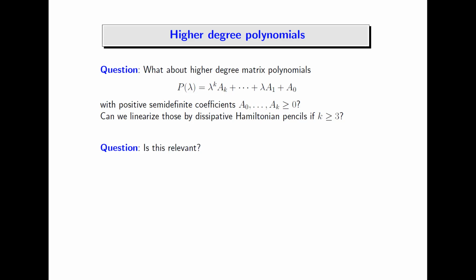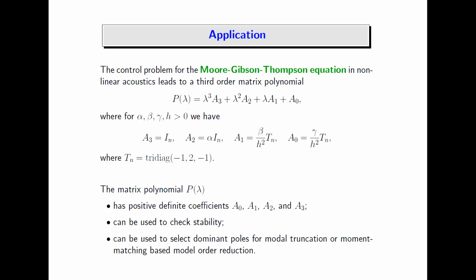Is this relevant actually? Do they somehow appear in applications? Yes, they do. Let me show one. For example, the control problem for the Moore-Gibson-Thompson equation, a problem in nonlinear acoustics. This leads to a third order matrix polynomial, which has the following form. A3 is the identity. Here we have a scalar multiple of the identity. And here we have triangular matrices, which look like this.